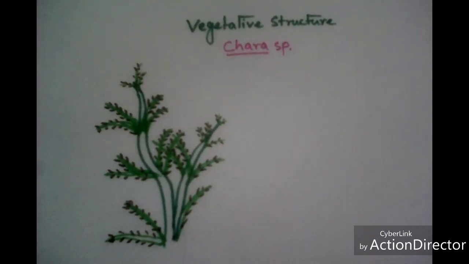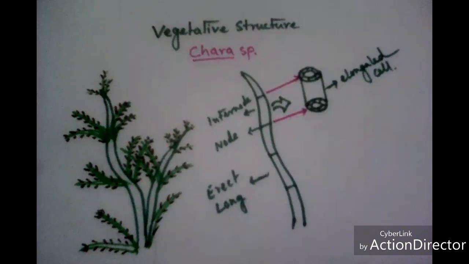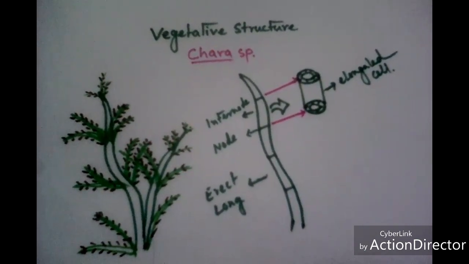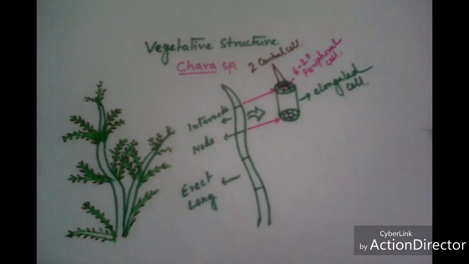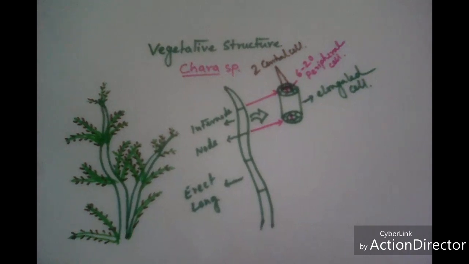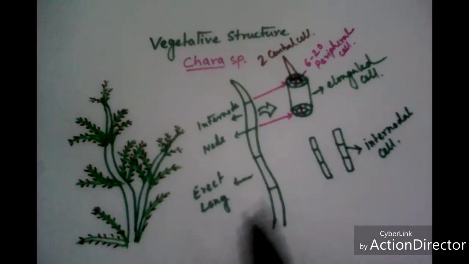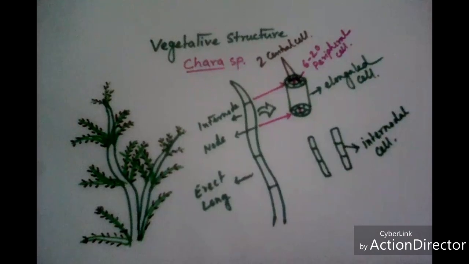Now, the main axis. The main axis is erect and long, and nodes and internodes are present. The internode consists of elongated cells, whereas the node region consists of 6 to 20 peripheral cells and 2 central cells. So the internode region contains elongated cells and the node region contains 6 to 20 peripheral cells.